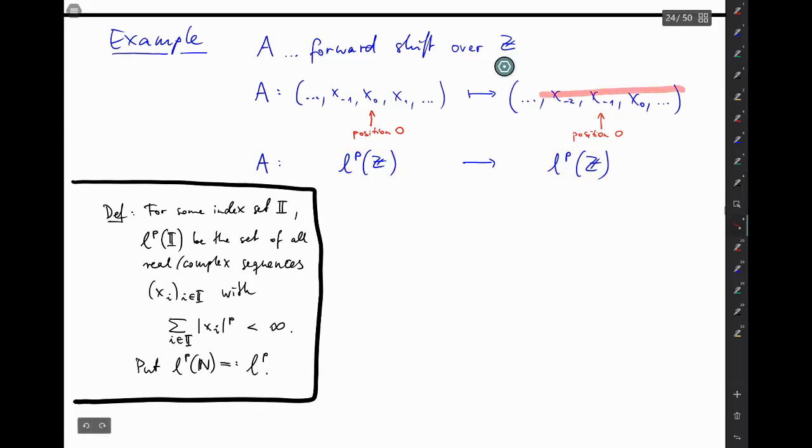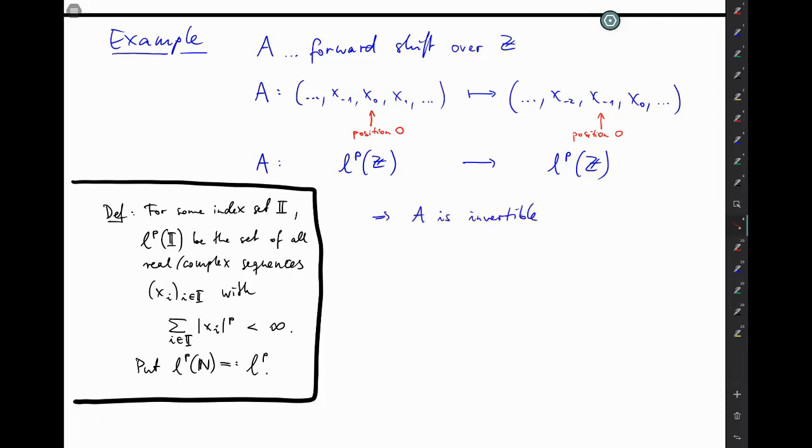So let's look at our operator here. It's taking such a two-sided infinite sequence and moving everything one position forward. Well, obviously this is an invertible operator, and the inverse is just the backward shift. Yeah, I think that doesn't need a long explanation.